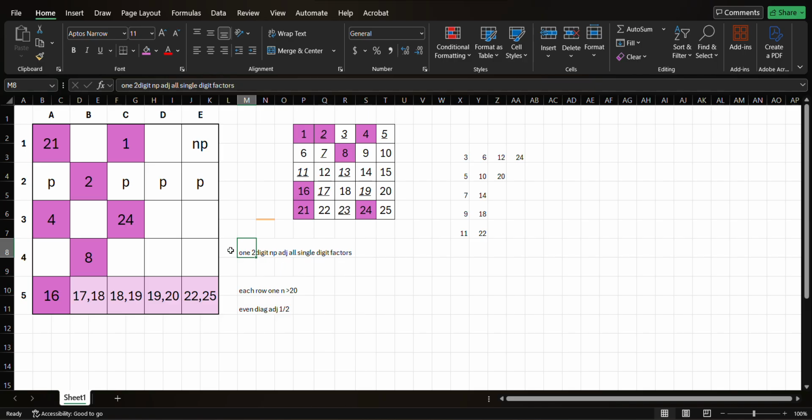One 2-digit number is adjacent to all single-digit factors. We could think about that. So if we list the 2-digit numbers that we've got that are not prime, because primes don't have factors other than themselves and 1, obviously.